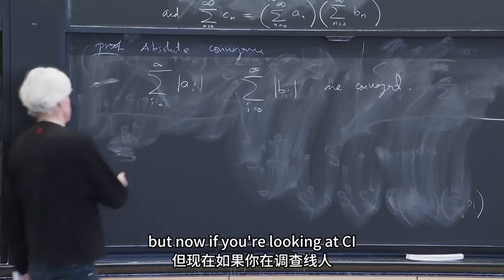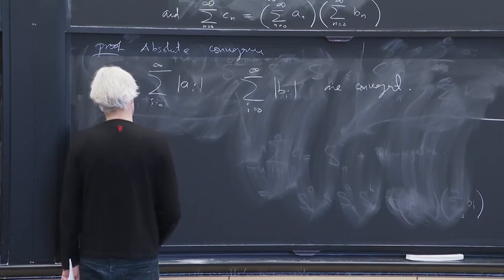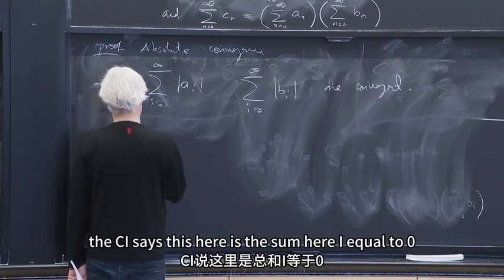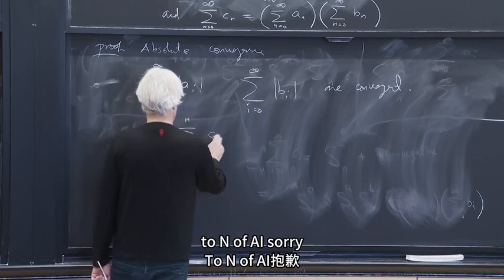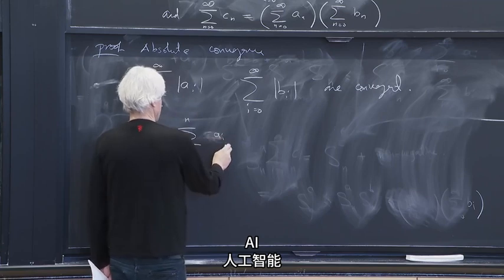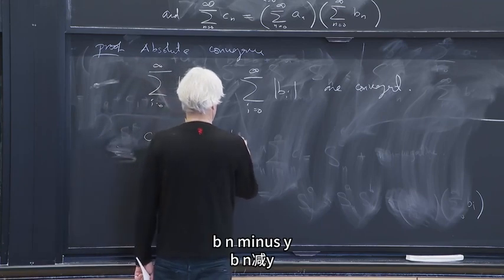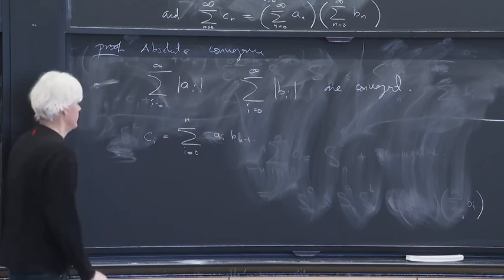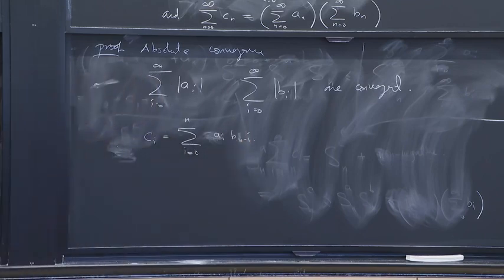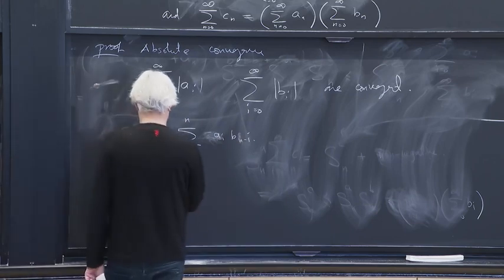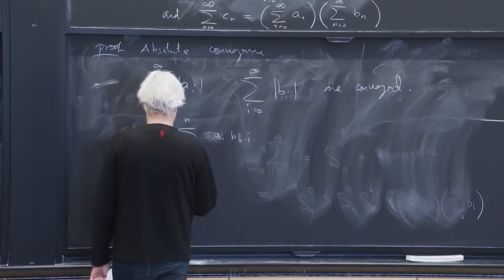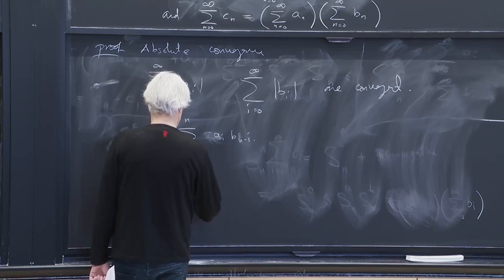But now if you're looking at the Ci series, this here is the sum, i equal to 0 to n, of ai b n minus i. But this means that the absolute value of Ci is less than this thing here, the absolute value.